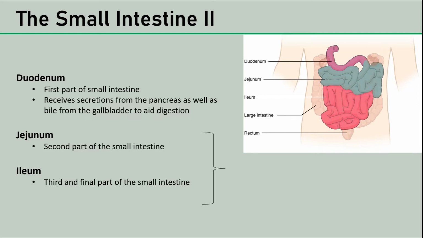So the jejunum and the ileum have ring-like ridges around the inside. And so the inner surface has been highly folded into villi. Now, villi act to increase the surface area, so increase the rate of absorption. And they also aid with the stretching and the contraction, pushing the food along.